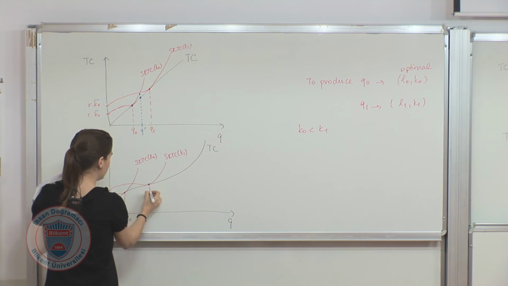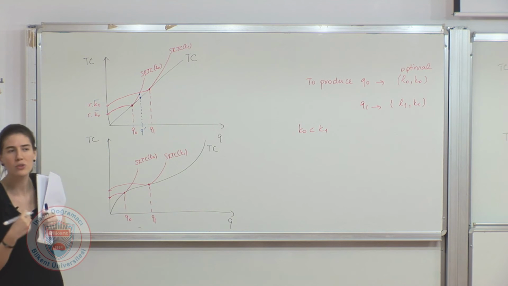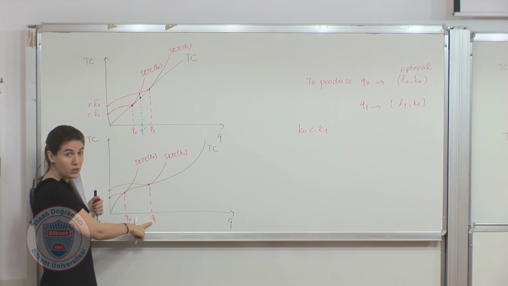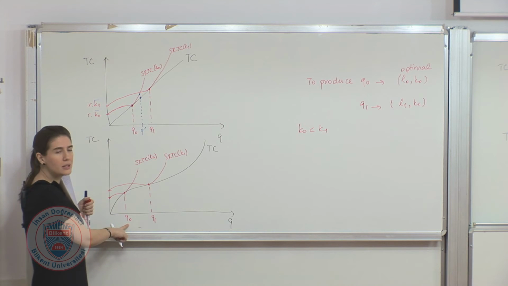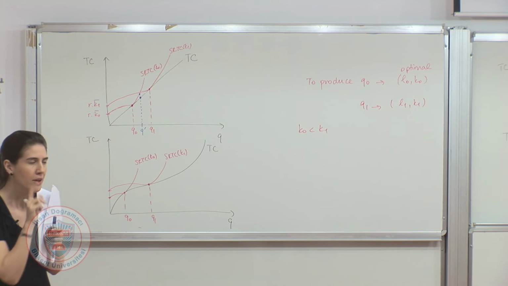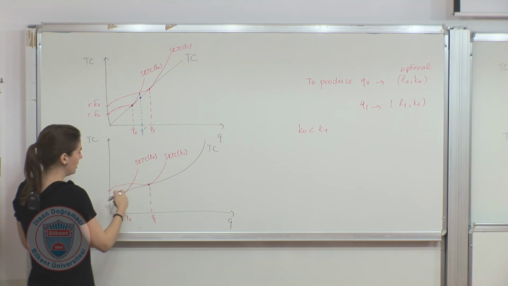Then at this point, this should be Q1, and K1 should be the optimal amount of capital in the long run to produce Q1 units of output. K0 should be the optimal amount of capital in order to produce Q0 level of output, okay?